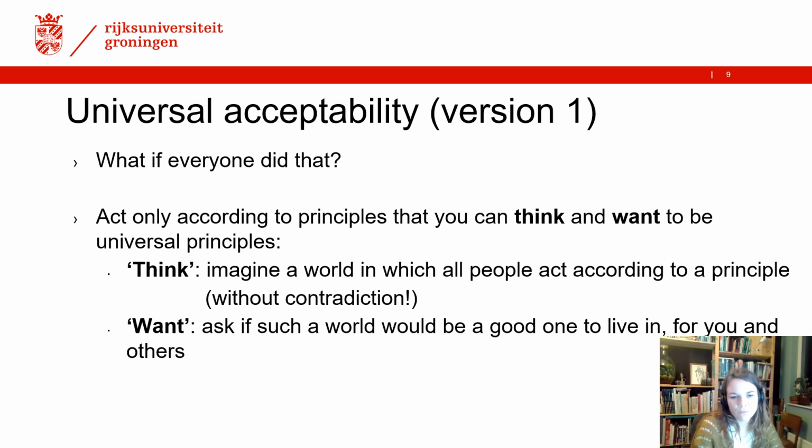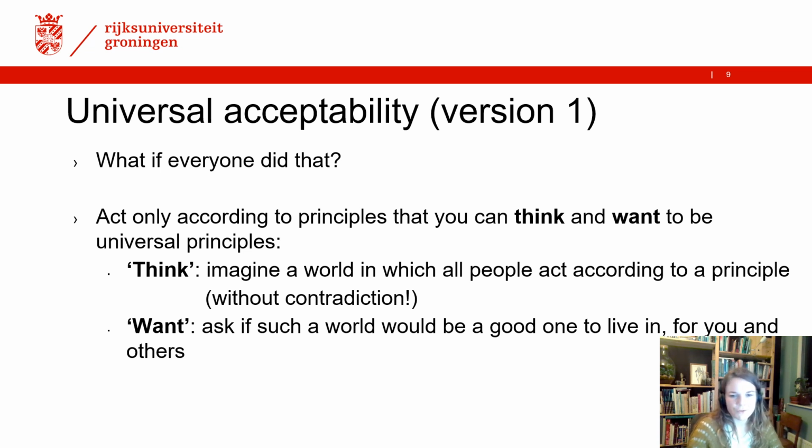The question then will be, well, what is the general rule behind your action? Why are you doing something like this? And then the second step would be, well, what would happen if everybody acted according to this rule? So you can only act according to those principles of which you think that they can become a universal principle.